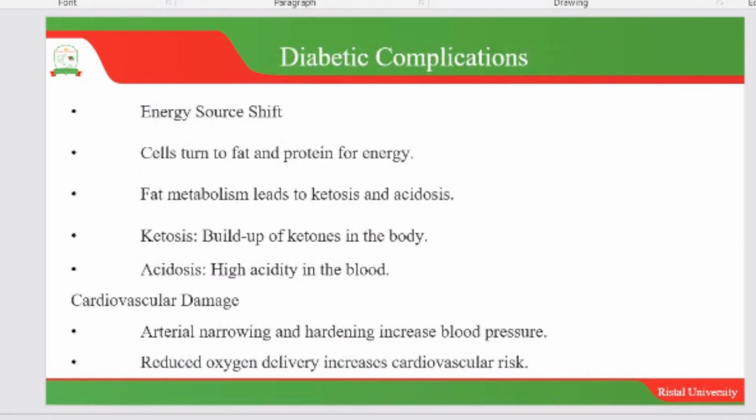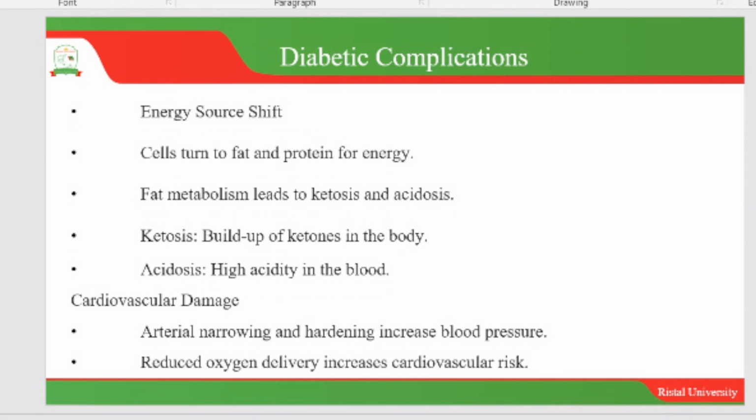Let's look at diabetic complications. One is energy source shift, because the glucose cannot be absorbed into the tissues. The body will result into getting energy from other sources, that is the proteins and the fats, which also has its own complication, as we shall see when we continue.